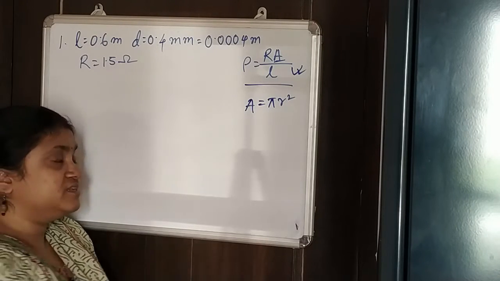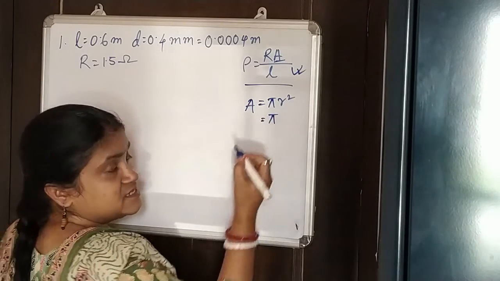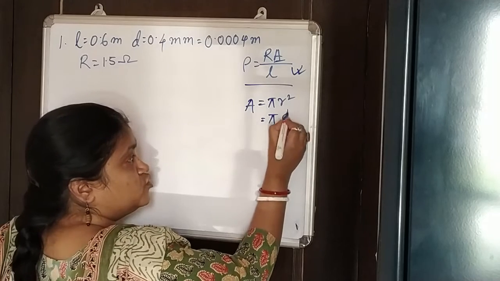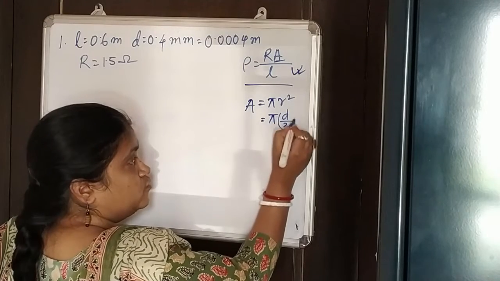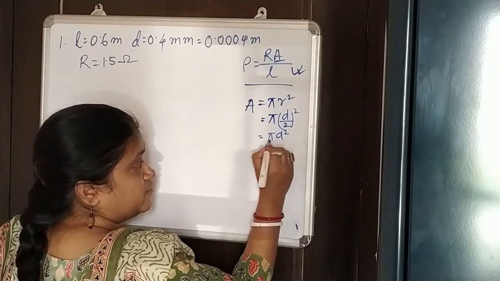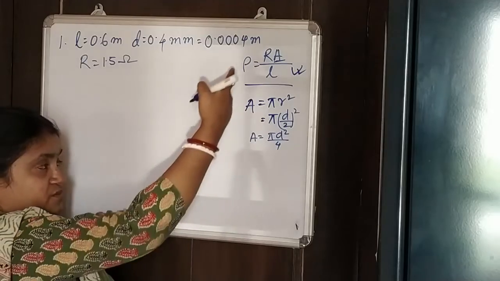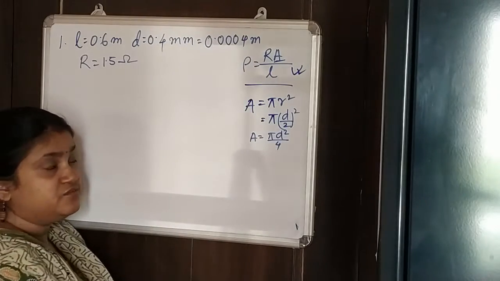So in place of radius we can write half of the diameter, so d by 2 whole square. By this we can write d square by 4. So this is how we can replace the area.